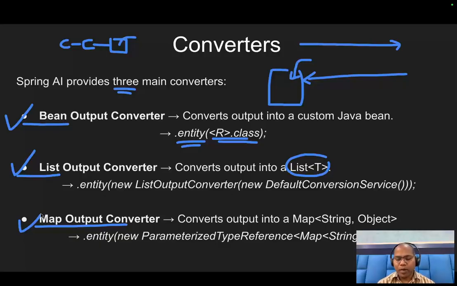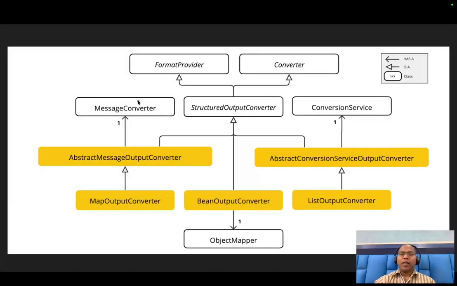Just tell them, while preparing the client request, what kind of response you want. This is the high level class: map output converter, bean output converter, and list output converter.